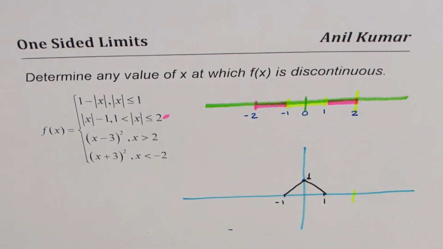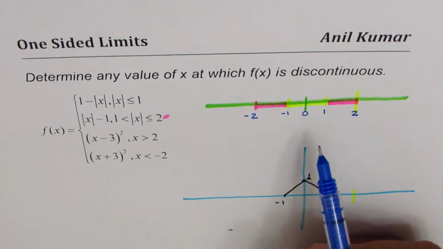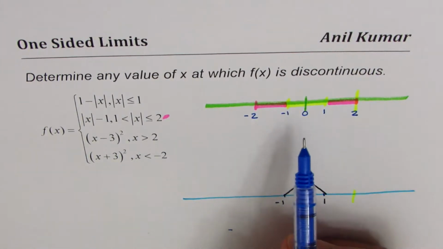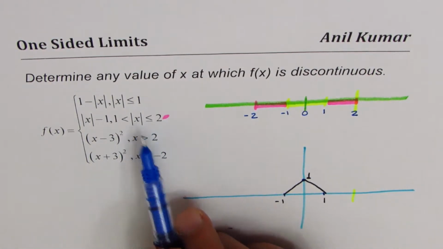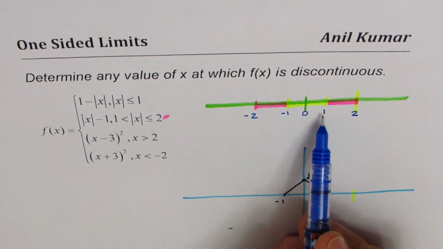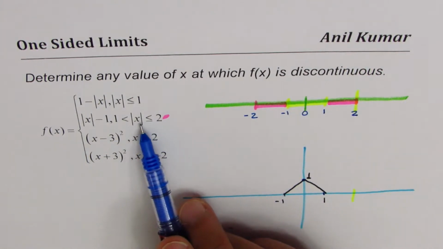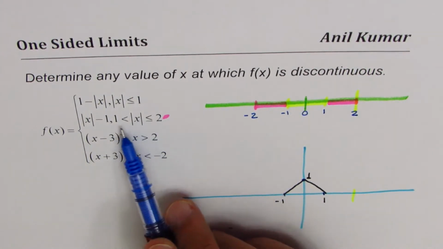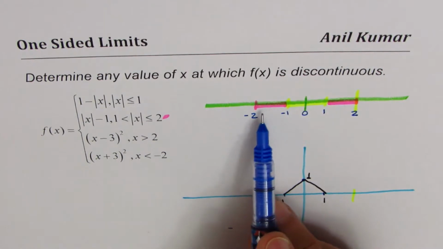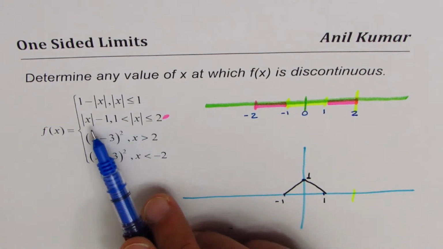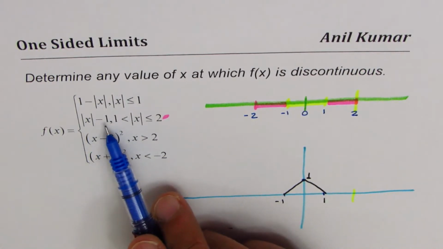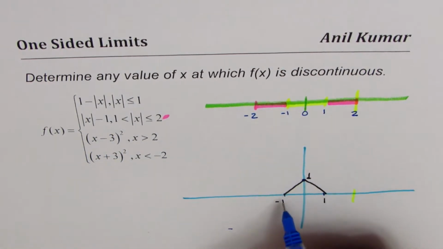In both cases, the value which is not included for us is 1. If I write 1 here, then 1 is not included. If I write minus 1, that is not included either. But the others are. And the value of the function is absolute value minus 1. So if I write 1 here, 1 minus 1 is 0, so it's the same point.